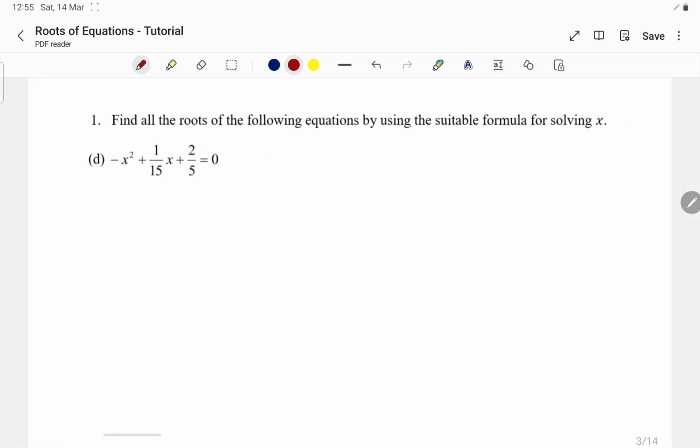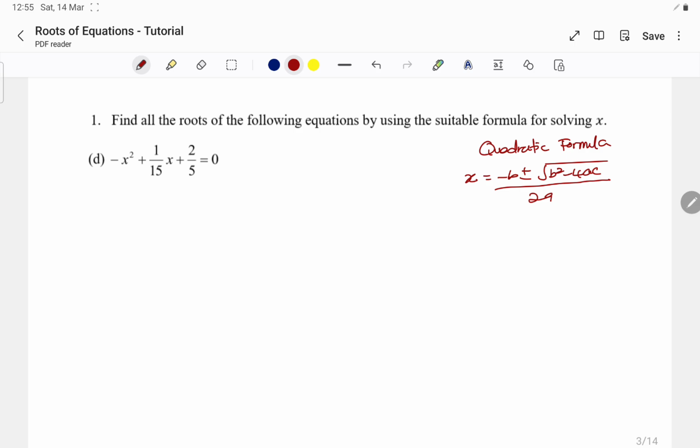Now, I will proceed to question D, where I have -x squared plus 1 over 15 x plus 2 over 5 equal to 0. In order to solve this question, you also can use factorization, but for this question I want to try the quadratic formula, where x is equal to -b plus minus the square root of b squared minus 4ac, divided by 2a.